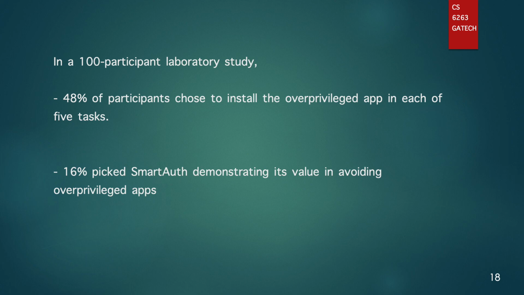For instance, given two similar apps, one of which was overprivileged, using the current Samsung SmartThings interface, 48% of participants chose to install the overprivileged app in each of the five tasks. With SmartAuth, however, this rate reduced to 16%, demonstrating the value of SmartAuth in avoiding overprivileged apps.